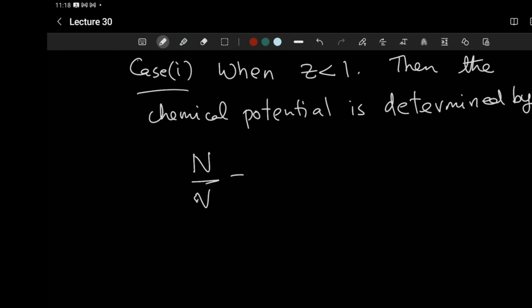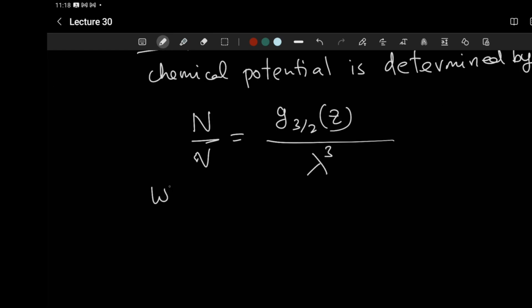So n and v are given, and this is equal to this. This is the equation. And so now the question is, when is z less than 1?